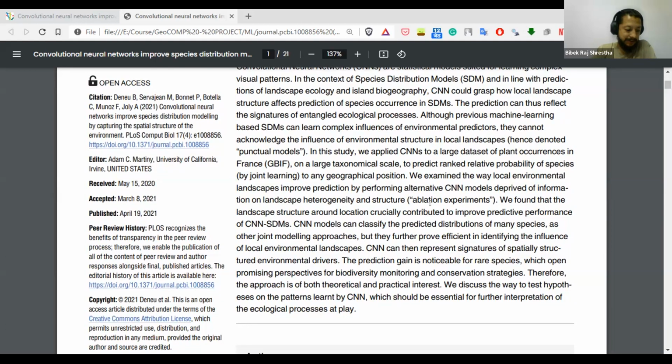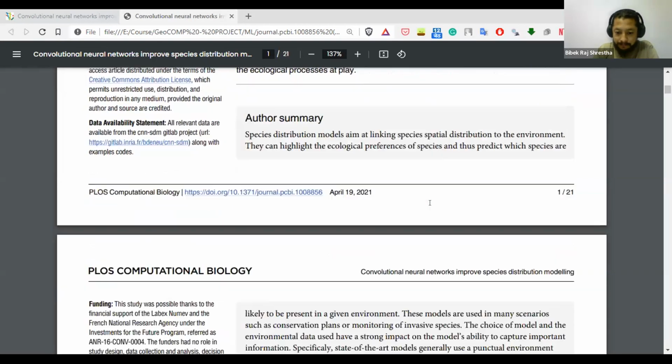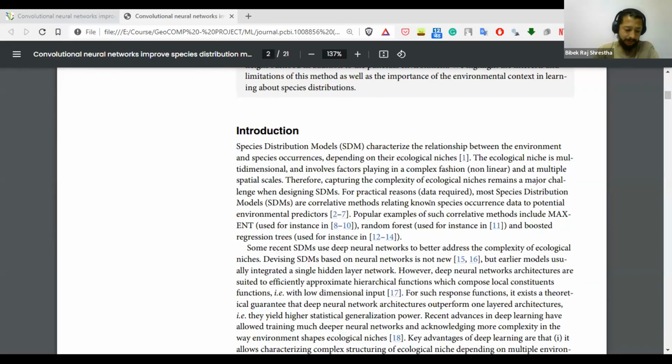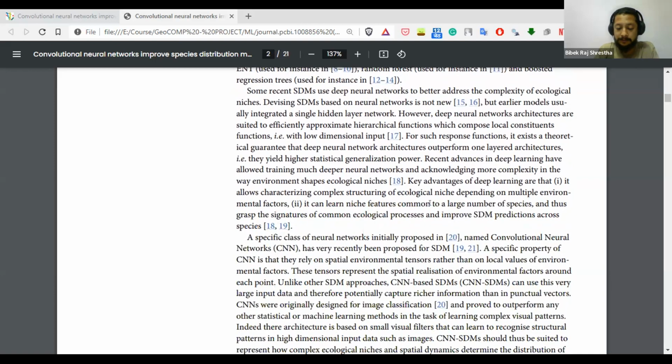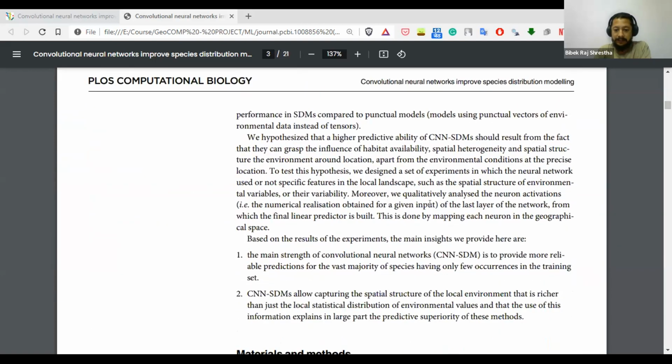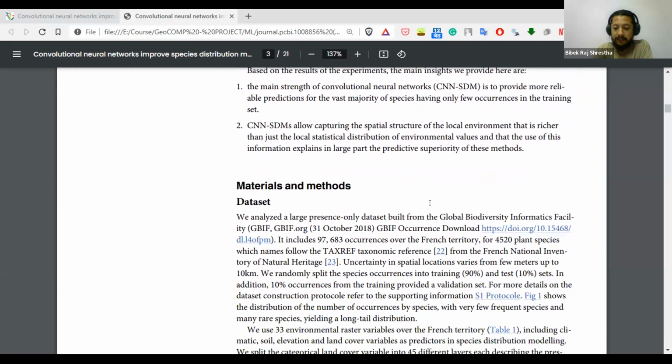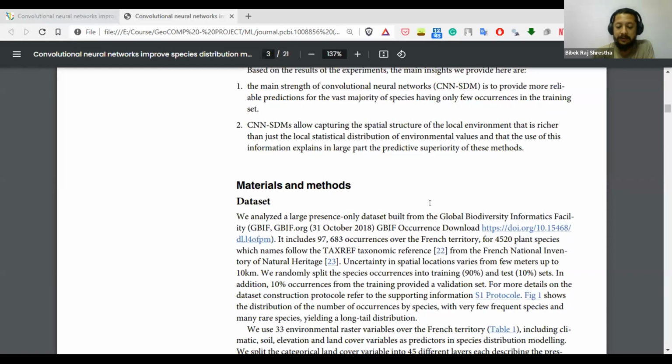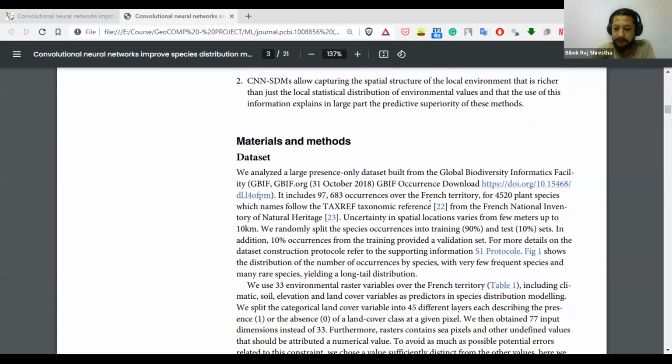What they hypothesized is that the influence of habitat availability, spatial heterogeneity, and spatial structure around the environmental location might make the CNN useful to predict with higher ability. For the dataset, they used around 4,500 different plant species with around 97,000 occurrences in France, and around 33 environmental variables.